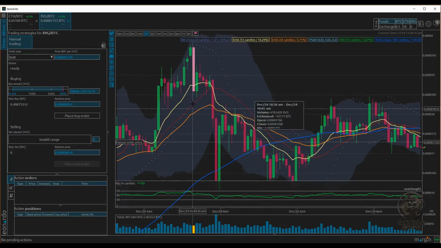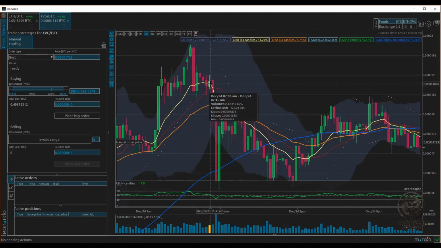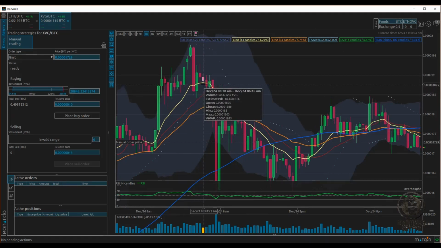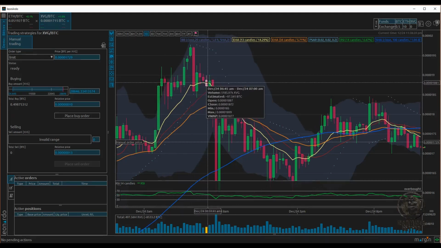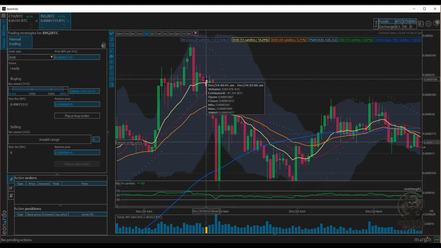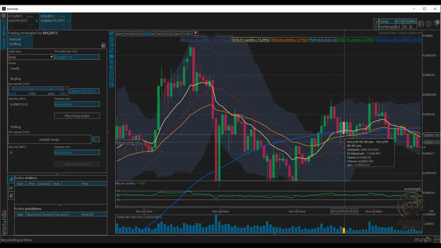So, for example, if I had a position on this coin, I would probably sell around this time, because you can see it's almost at the top, and the line is not going up anymore. It's starting to flatten. So this would be a sell sign right here. I probably would sell around this area. That's how I use the exponential moving average.